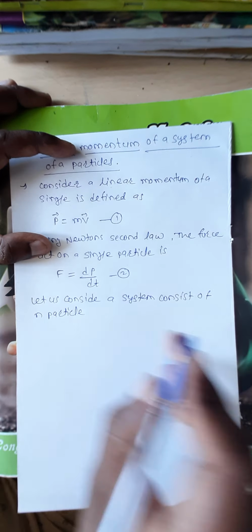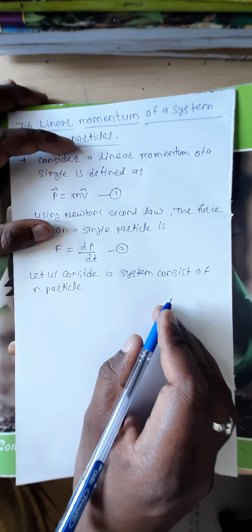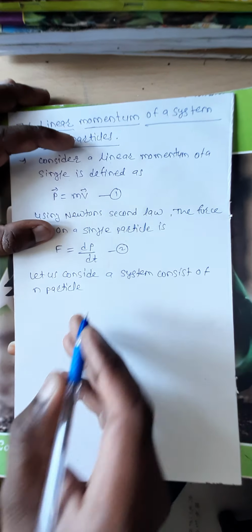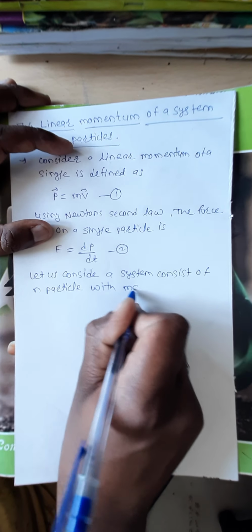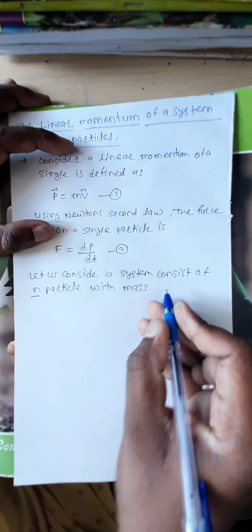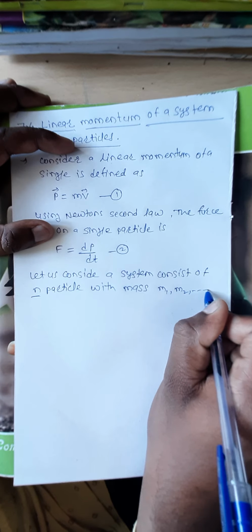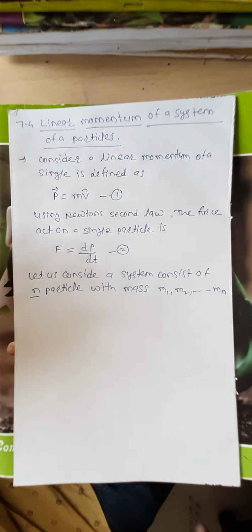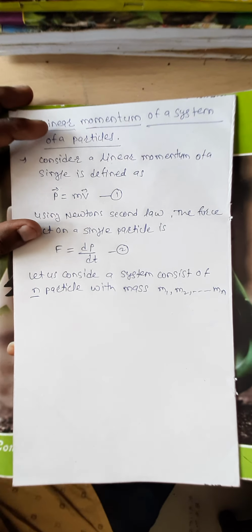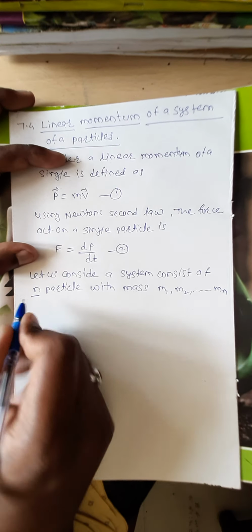Let us consider a system of n particles with masses M1 the mass of the first particle, M2 the mass of the second particle, and so on, up to Mn the mass of the nth particle, respectively.